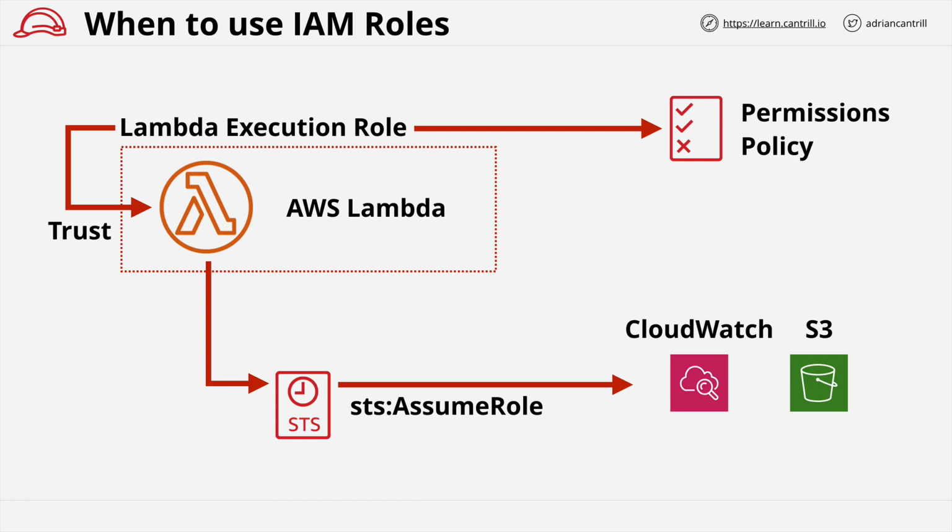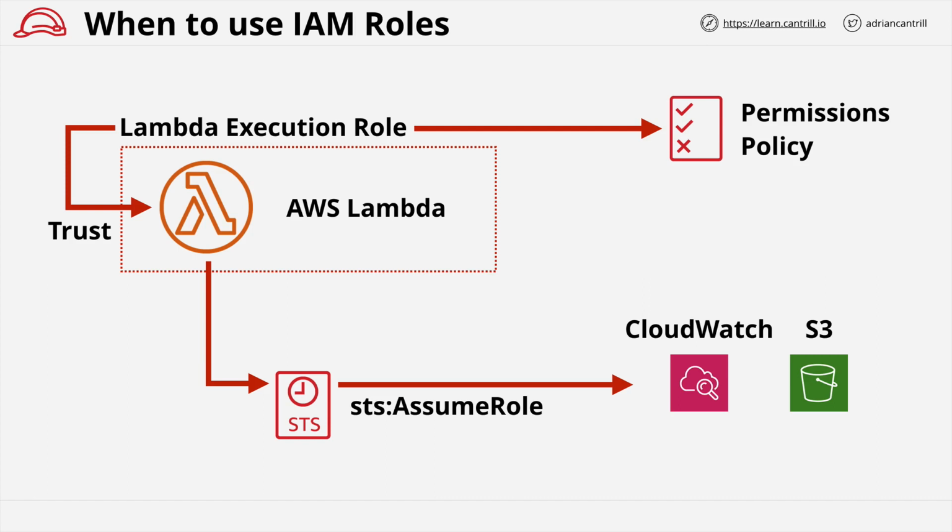Because you can't determine this number because it's unknown, if you remember my rule that I talked about in the previous lesson, if you don't know the number of principals, if it's multiple or if it's an uncertain number, then it suggests a role might be the most ideal identity to use. In this case, the ideal way of providing Lambda with these credentials is to use a role and allow it to get these temporary credentials. It's always the preferred option when using AWS services to do something on your behalf. Use a role because you don't need to provide any static credentials.